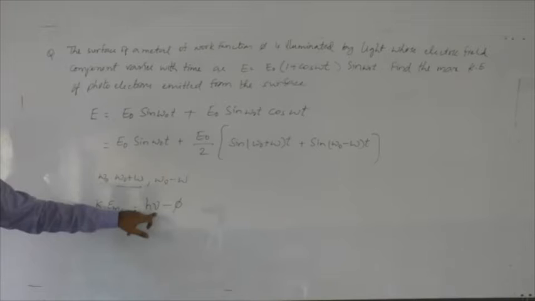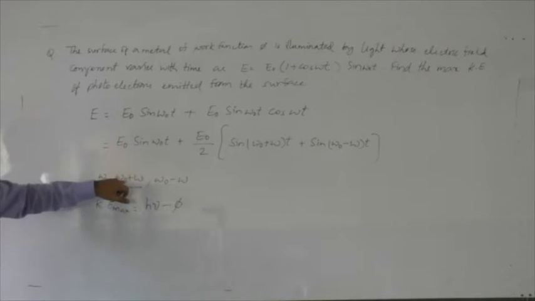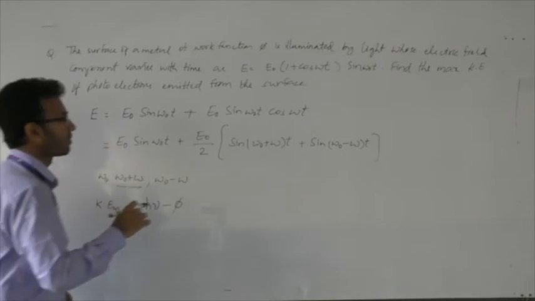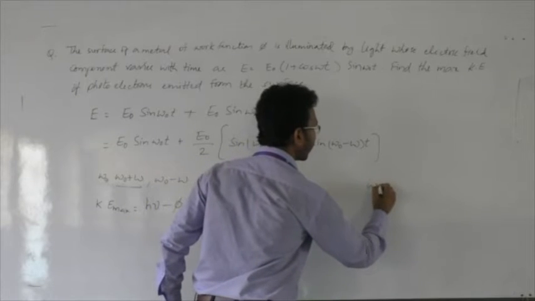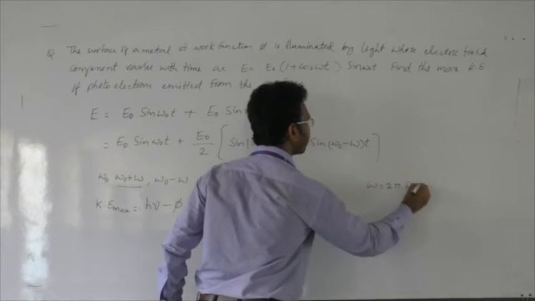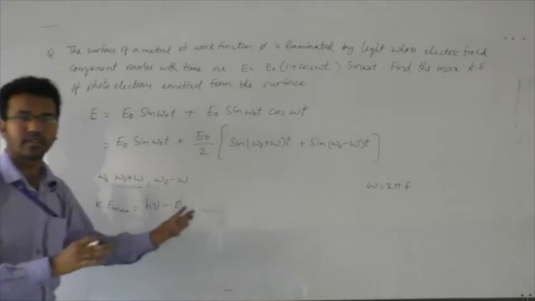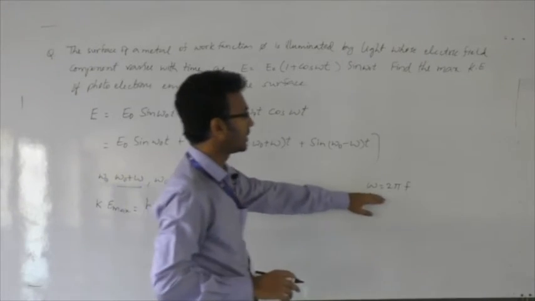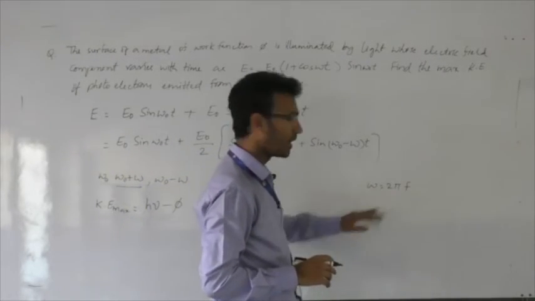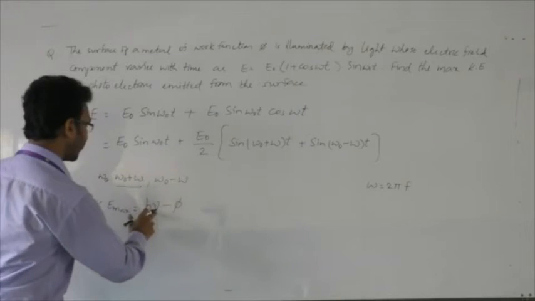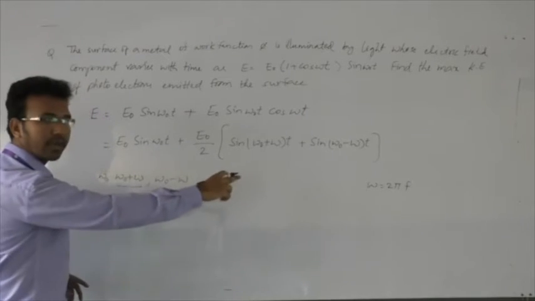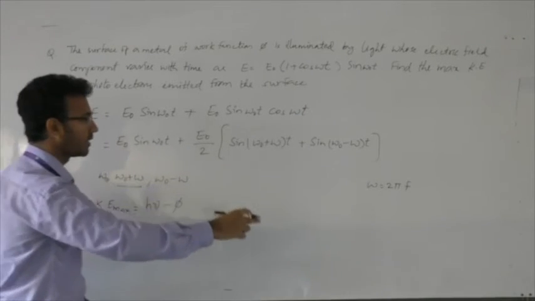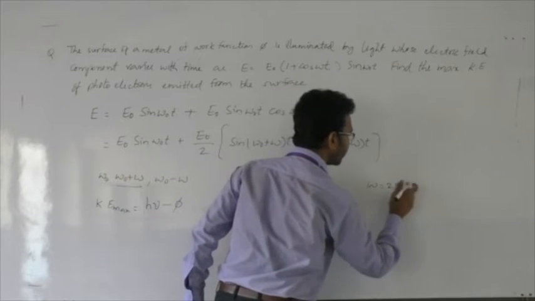What is nu? Omega naught plus omega. What is omega? We know that omega equals 2 pi f. The angular frequency is given like this, 2 pi f. So nu will be omega by 2 pi, right? So instead of f I will use nu.